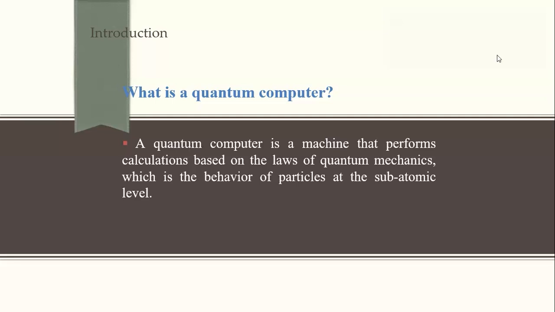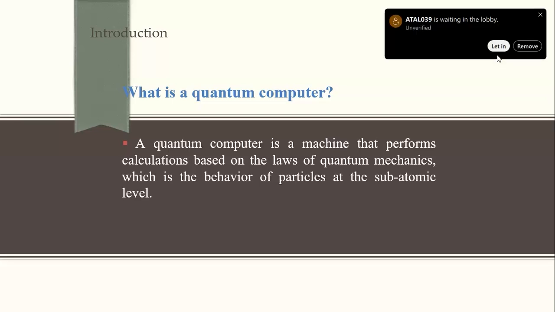This is the behavior of subatomic particles. Atomic level means proton, neutron and electron. Subatomic means, as I already told, quarks, leptons and bosons, in different combinations, which are inside the electron, proton and neutron and are very tiny.